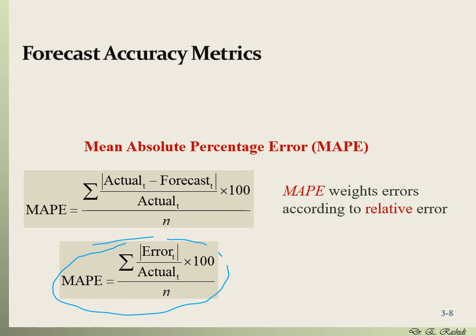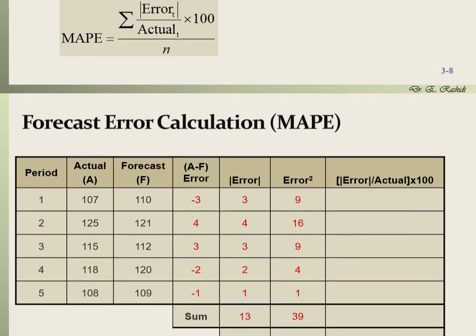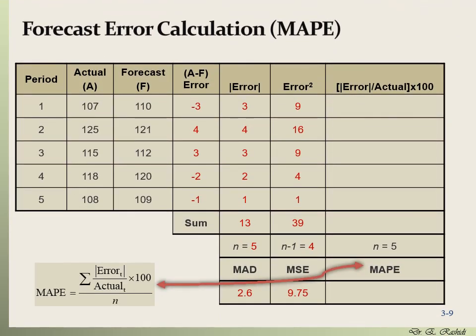Let's see an example of how this method works. So here we have the same table. I have added the last column to compute the absolute error divided by the actual multiplied by 100%, to compute the mean absolute percentage error, as you can see in the formula here. Let's do it for period 1. We need to find the absolute error, which is 3.